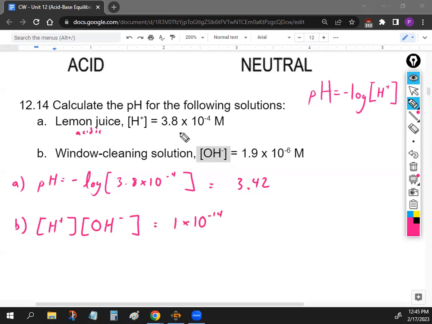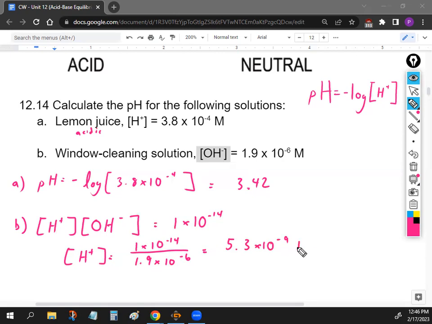And so you'll just have to plug in your values to calculate H plus. So the concentration of H plus will be equal to 1 times 10 to the negative 14 divided by the concentration of OH minus, so 1.9 times 10 to the negative 6. And that should give you a value of 1.3 times 10 to the negative 9.